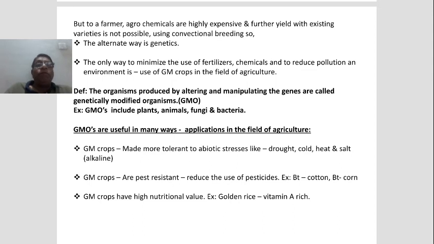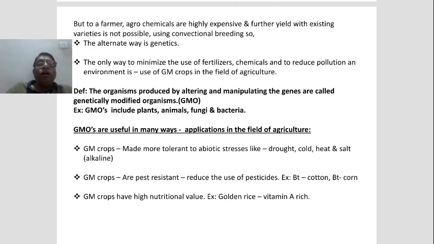Now, what are GMOs? Define GMO. The organisms produced by altering and manipulating the genes are called genetically modified organisms.